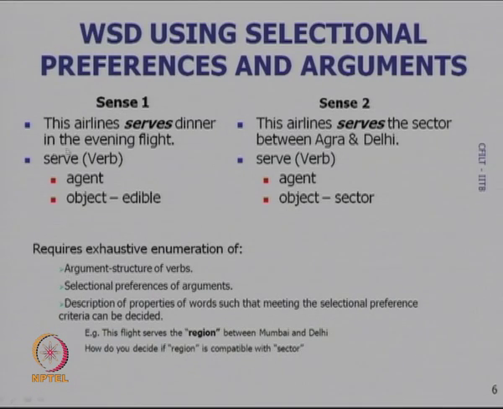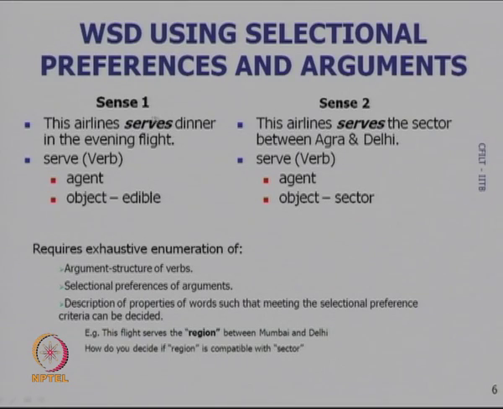Here is an example. This airlines serves dinner in the evening flight, and sense 2 is this airlines serves the sector between Agra and Delhi. So, clearly the two senses of the verb serves are different in these two contexts. In fact, a translation will make this apparent. If you translate this sentence into Hindi, यह एयरलाइंस शाम के फ्लाइट में रात का भोजन देती है.